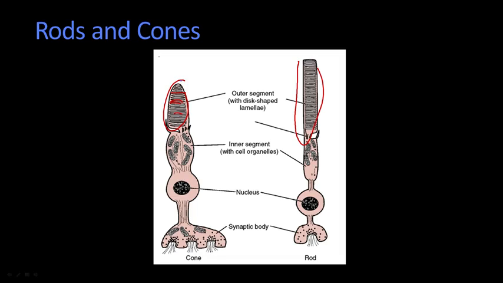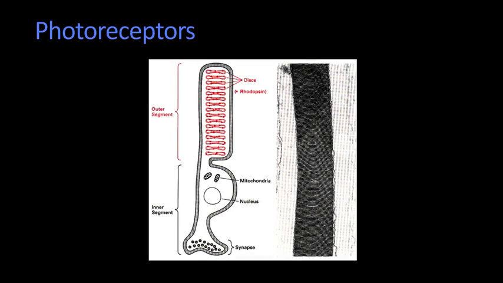Those reactions set up chemical reactions in the cell. And of course, it is still a cell, so it has inner elements, organelles, and a cell nucleus. What's important is it has this synaptic body where it changes the chemical properties at the synapses depending upon the light.